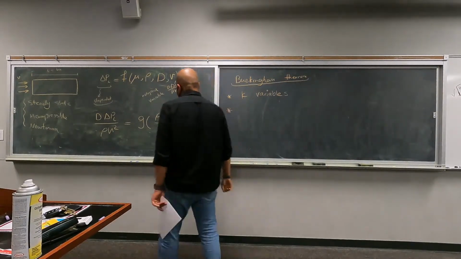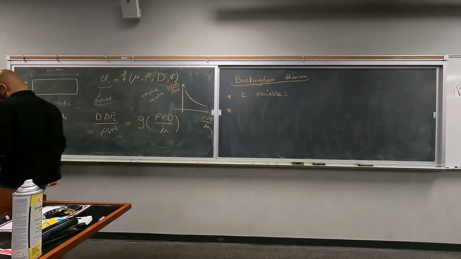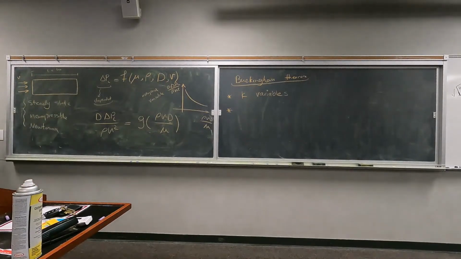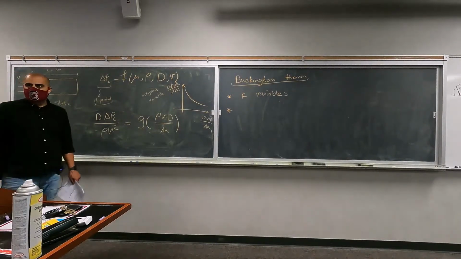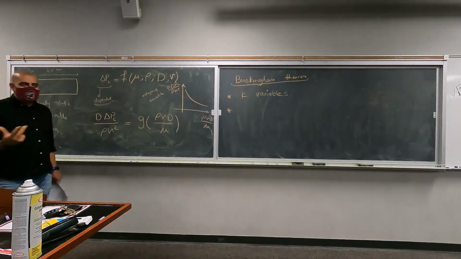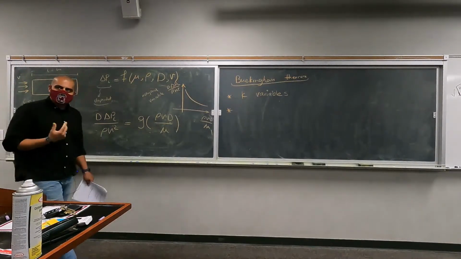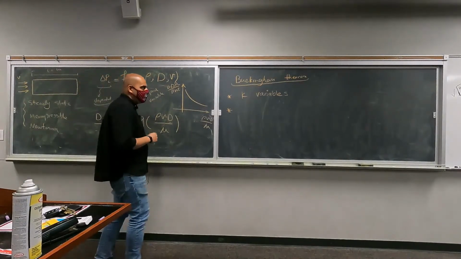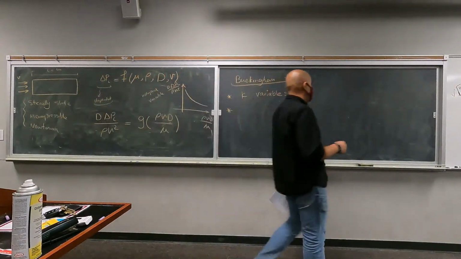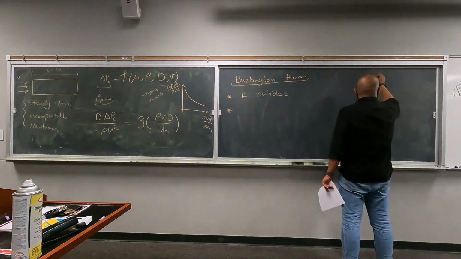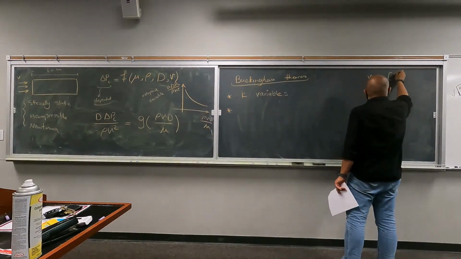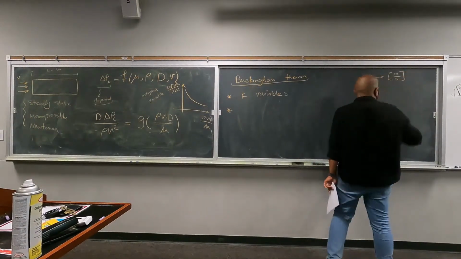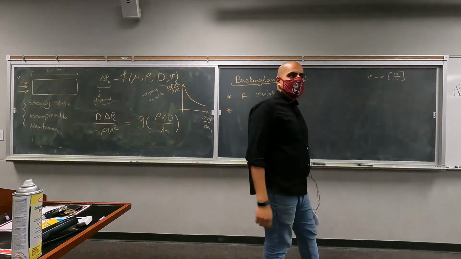And then you have to find the number of primary dimensions that are present in this specific problem. What are the primary dimensions here? To understand the primary dimensions, you have to find the dimensions for each variable. So for velocity, what is the dimension for velocity? Meters per second, right? Both of them are primary dimensions.